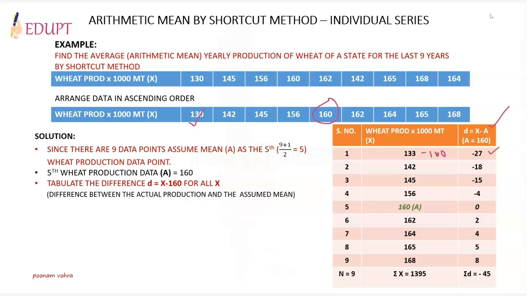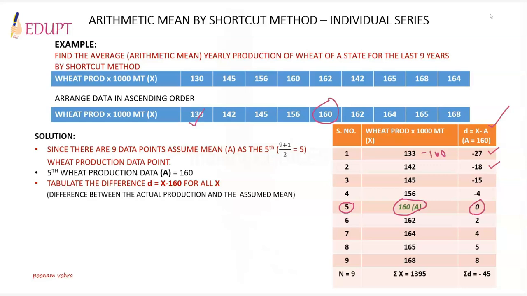In the next case, it will be minus 18 and so on. So far as fifth serial number is concerned, here assumed mean is 160. So deviation is 0. Thereafter, all the values are greater than 160. So we have deviations in positive.